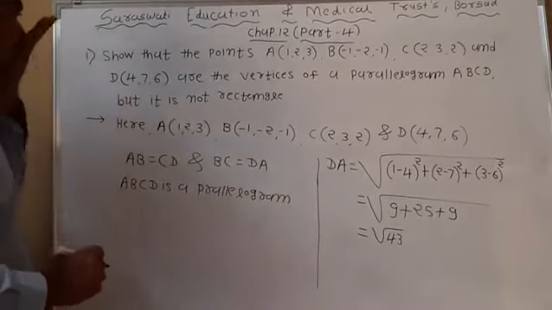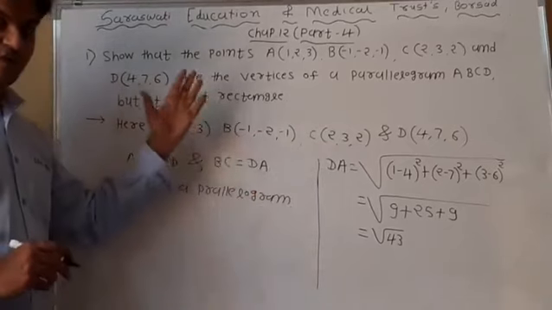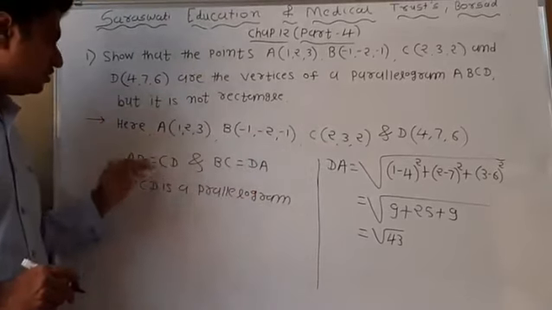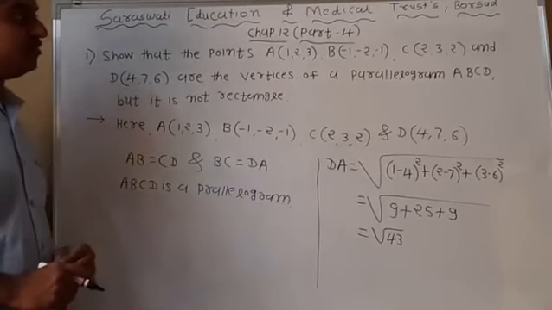Since we found all four sides and the opposite sides are equal, we can say that ABCD is a parallelogram.